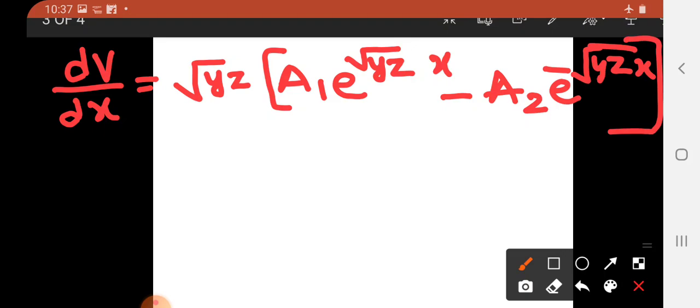This is the value of dv by dx. But from equation 1, dv by dx is equal to z i.